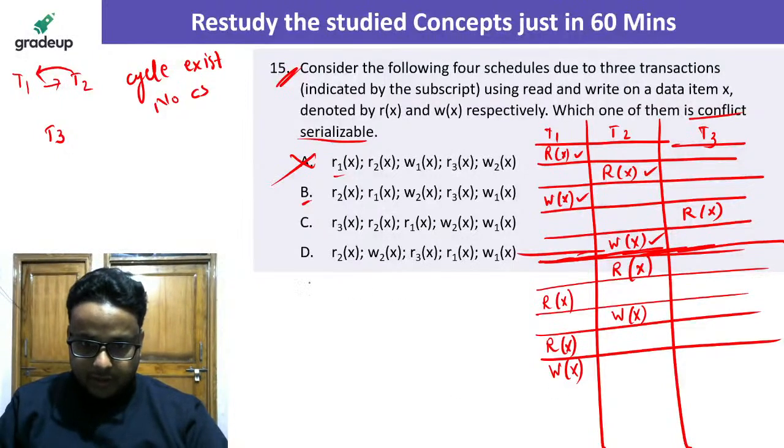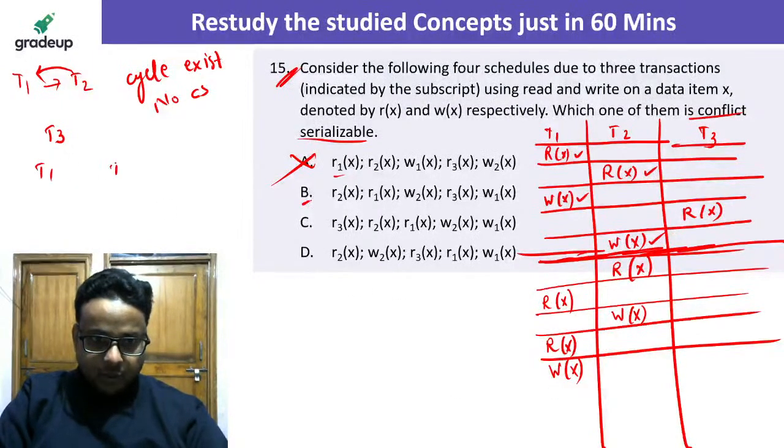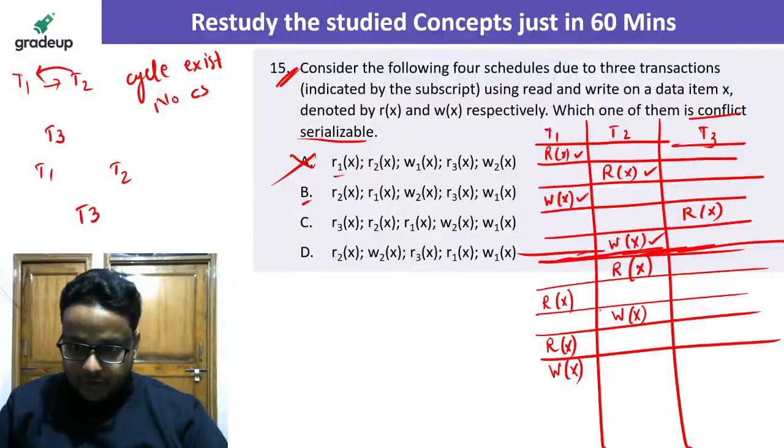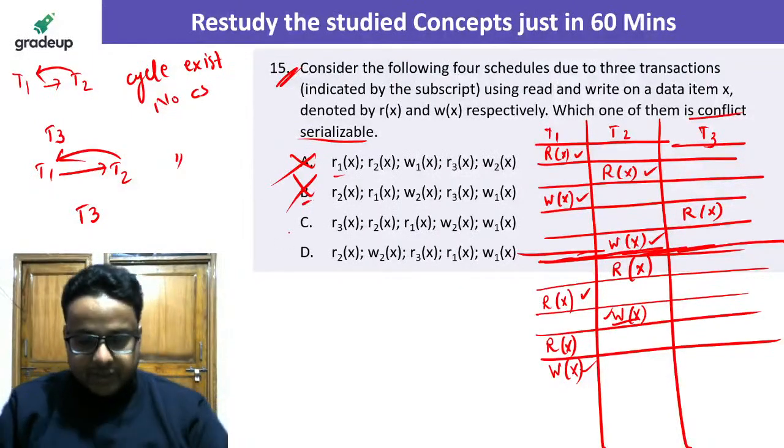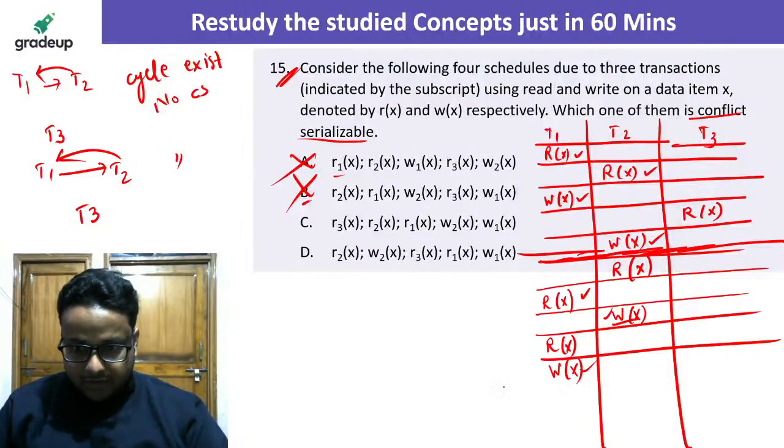So now again if I make T1, T2 and T3, so R of X, W of X, W of X, again T1 to T2 and T2 to T1. So the same cycle exists, so it is not conflict serializable.